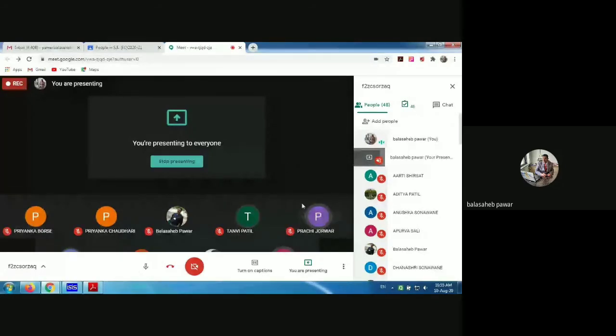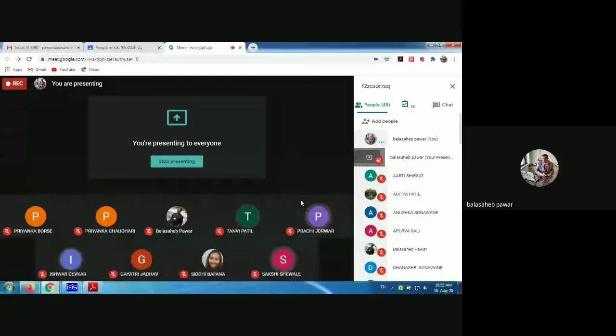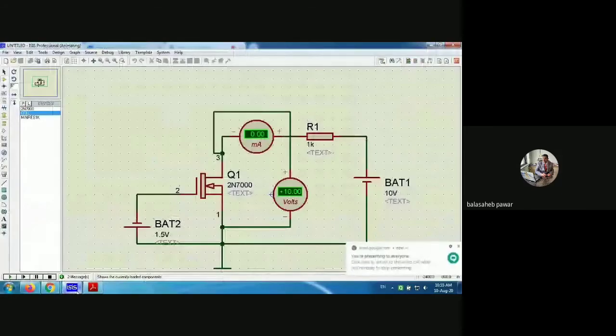So the next topic is the various characteristics of devices that you already learned during your first year. You might have plotted 3 different characteristics for BJT, bipolar junction transistor. Which were those characteristics? One was the input characteristic, the second was the output characteristic, and the third was the transfer characteristic.